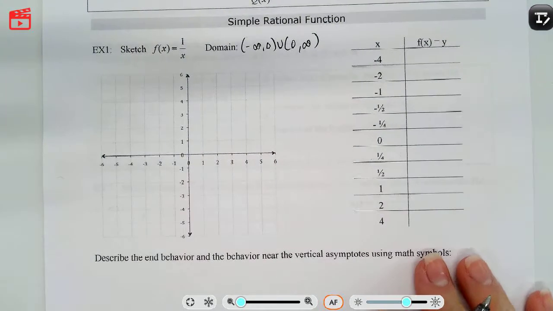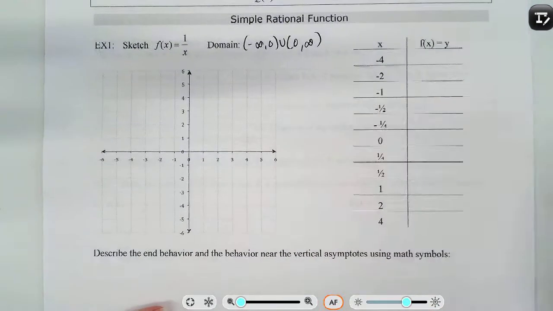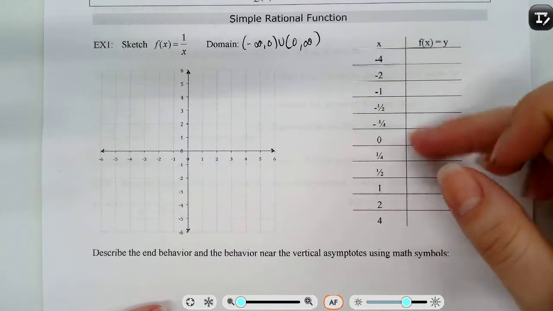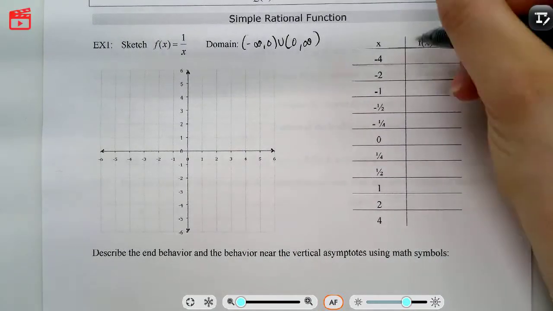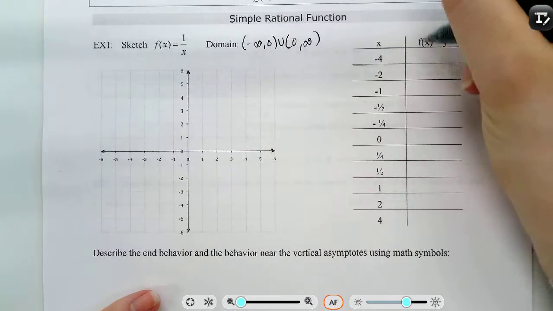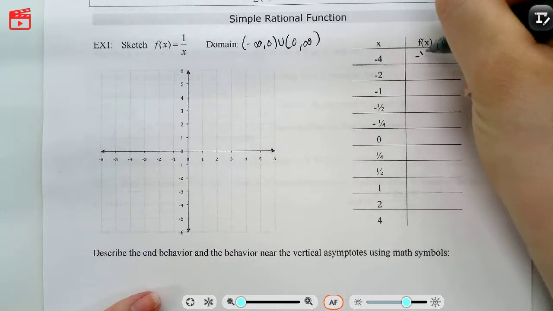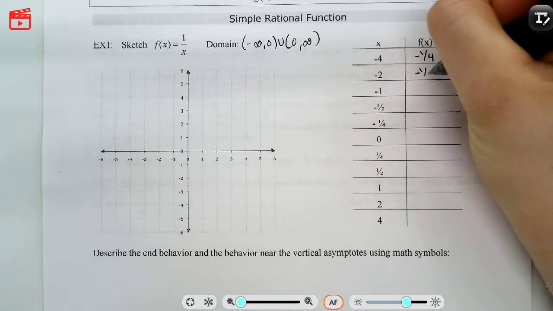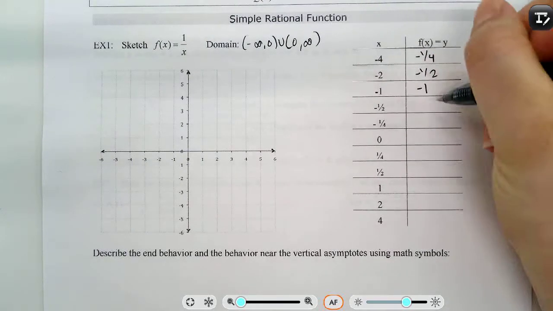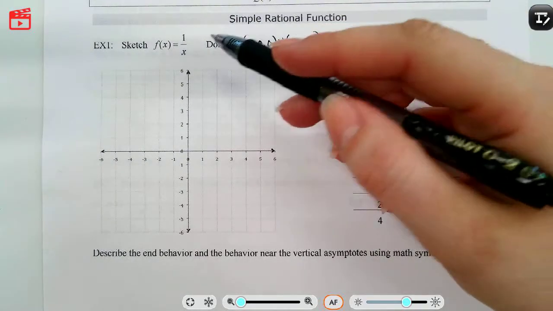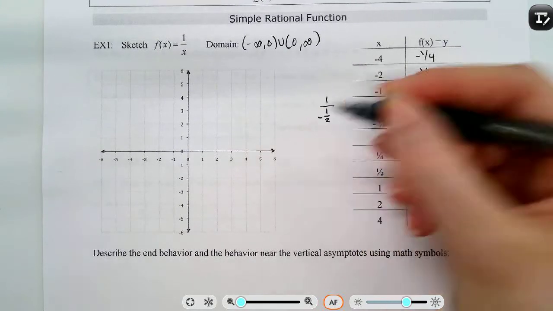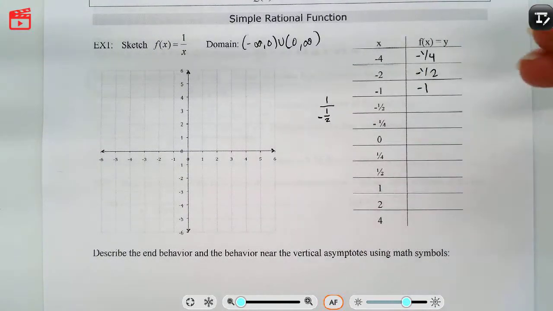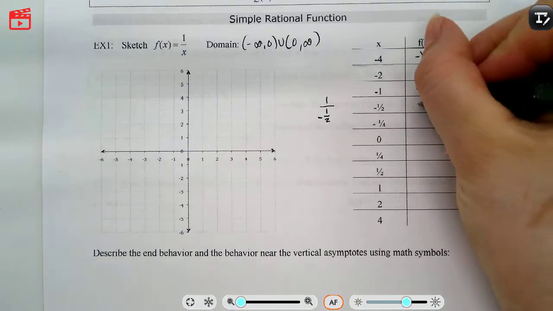So let's go ahead and find out these values. Maybe you could pause the video and take the time to fill out these tables yourself. Filling them out, plugging that in for x, we're going to get negative a fourth, then negative half, negative 1. Now when we plug it in over here, that's 1 over a negative half, which means we take the reciprocal, so it'll be negative 2.